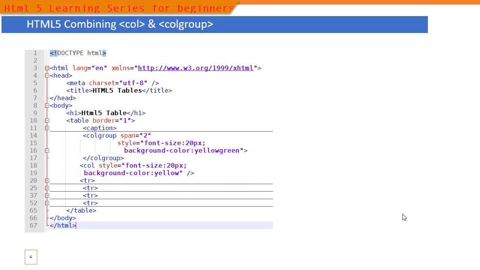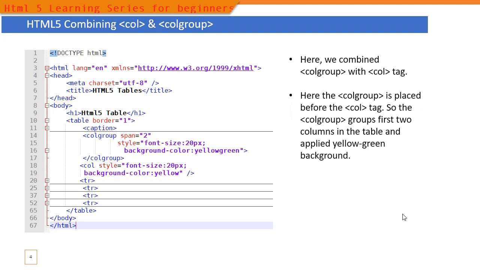So you can combine col and colgroup tags. Here is the example. We combined colgroup with the col tag. The colgroup is placed before the col tag. The colgroup combines the first two columns in the table and applies a yellow green background to them.